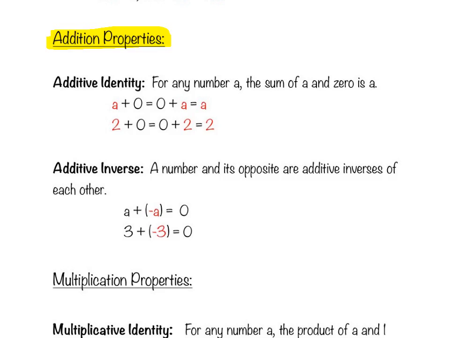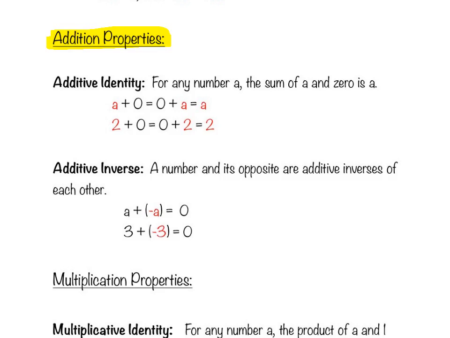That's how I like to think about it, so I remember its name. Additive identity. If I add 0 to anything at all, it won't change that quantity, that number. So, as far as an example goes, a plus 0 equals 0 plus a, which is equal to a. Because adding 0 to anything won't change its identity.